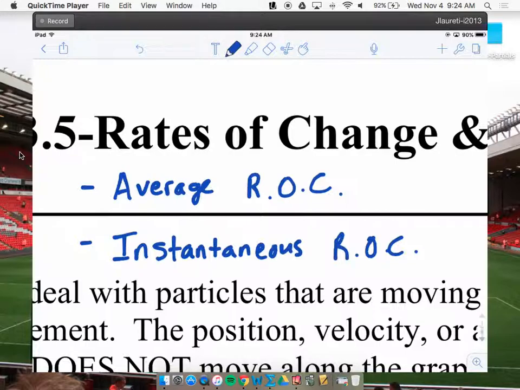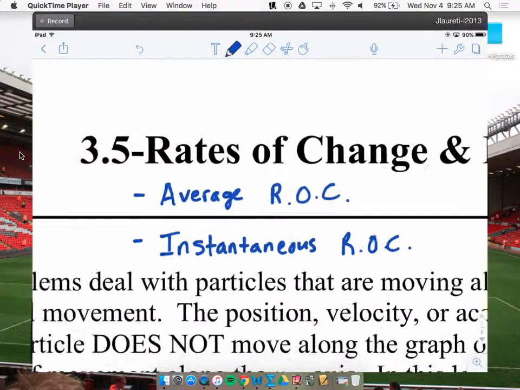You're going to be asked to compare the two. You can come up with a rate of change using either the average rate of change, where you have 2 points and you're figuring out the slope between those 2 points, or the instantaneous, which is where you're finding the derivative.